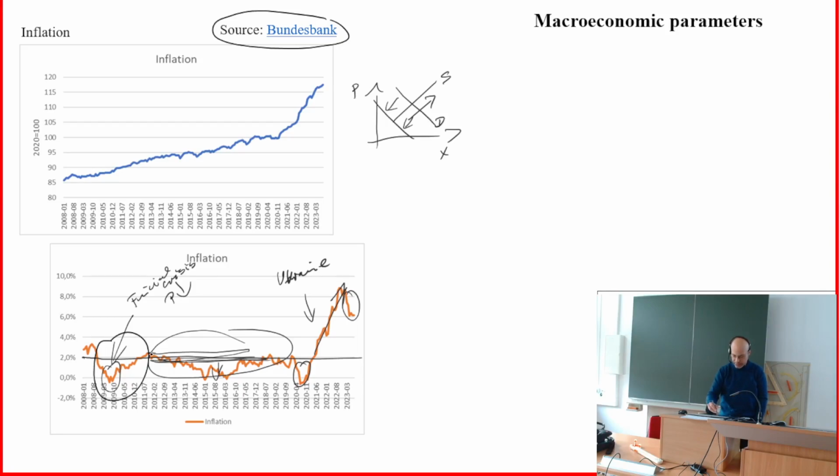Also, in Germany we had this long time with prices or inflation below the target of 2%, and you can also look up for your country where the target of inflation of the central bank is.